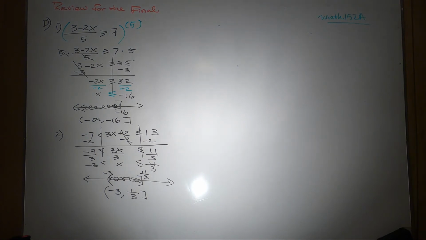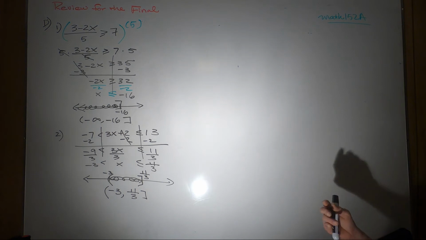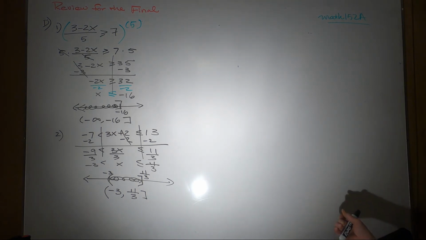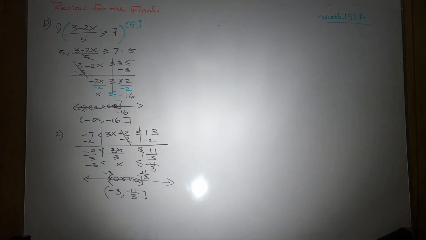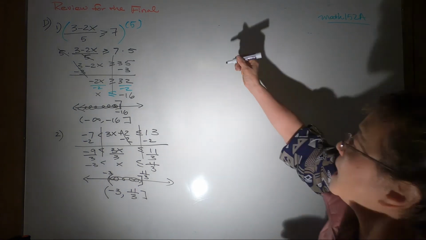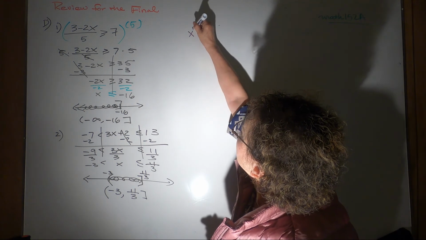Okay, then for polynomials, we will do add, subtract, multiply, and divide. Also, because polynomials, what are polynomials? Poly means many, many terms, and each term will look like what? Something to a power, x to the power n, right?